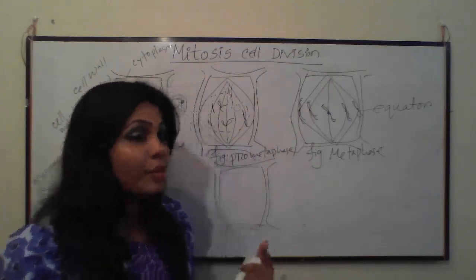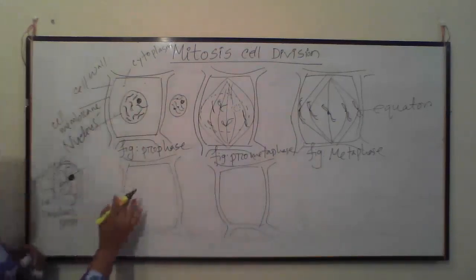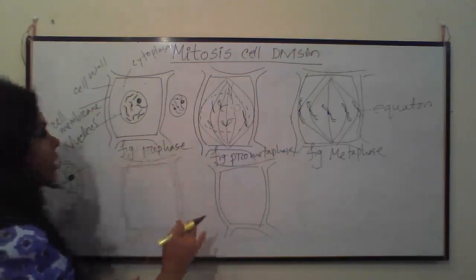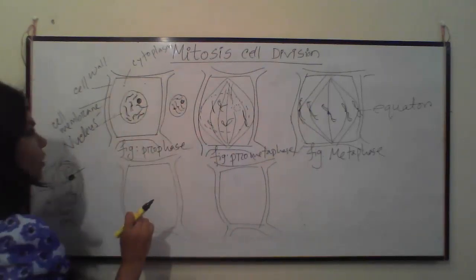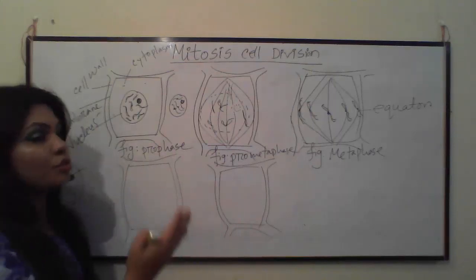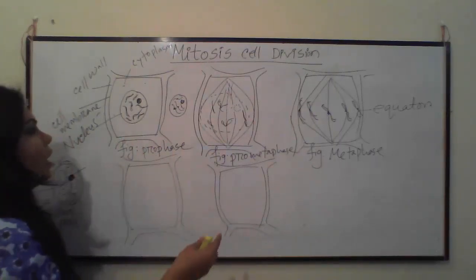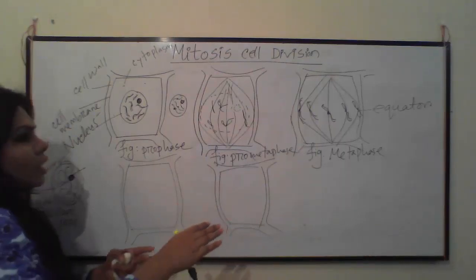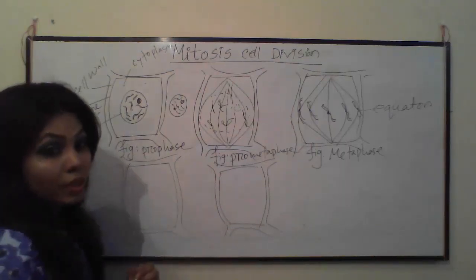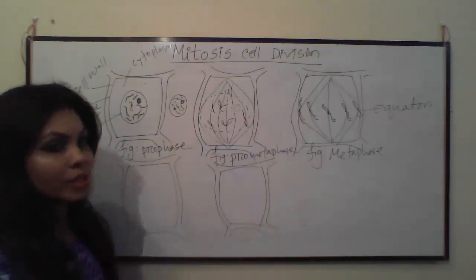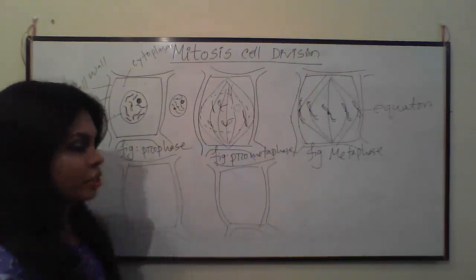So let us review what happened in prophase. It is the first and the longest stage of mitosis cell division. The nucleus becomes bigger and the chromatin fiber, due to continuous dehydration, becomes visible, and then they divide longitudinally and make two sister chromatids, and the sister chromatids are joined at their centromere.